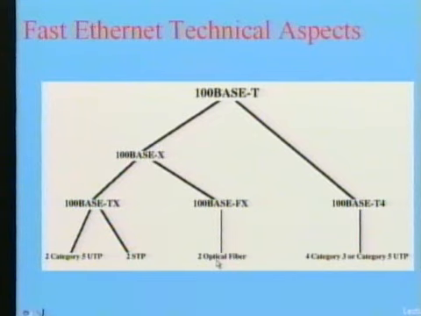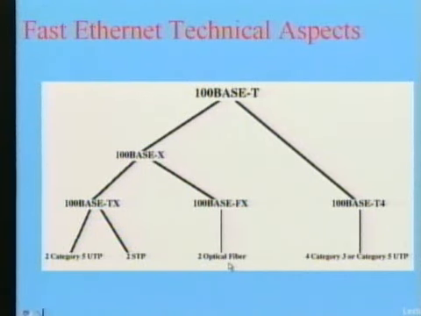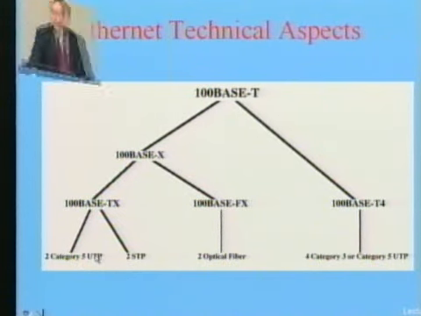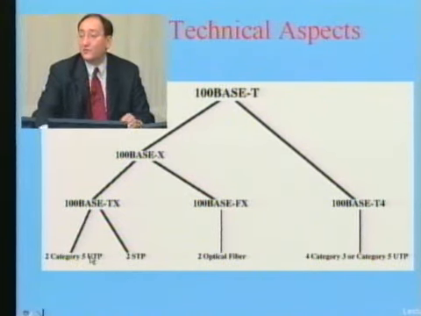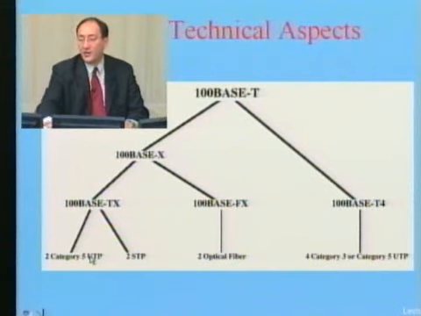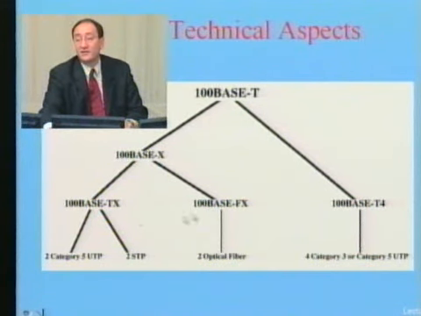Okay, so what they do is that if you want 100 megabit per second, they first do one layer of coding, baseband coding. After they did that coding, they send the signal on the fiber. But if the medium is not fiber and it's twisted pair, they have another layer of coding. So in here I have 2 layers of coding.